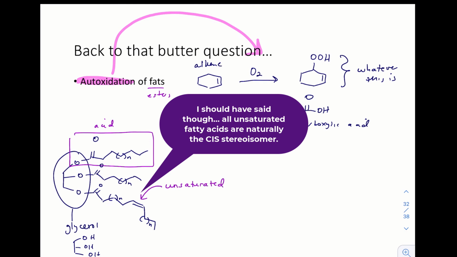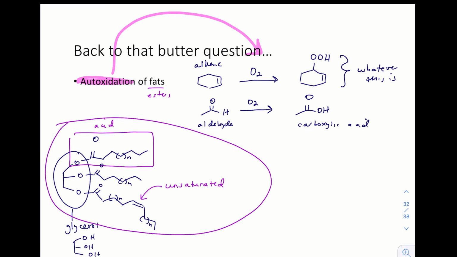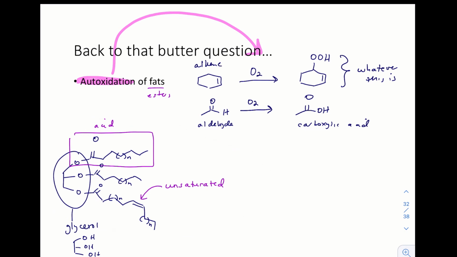So here's an example of a triglyceride, some fat that has an unsaturated fatty acid as part of it. And this unsaturated fatty acid happens to be in butter that sat out on my counter in air, which contains oxygen. What do you think happened?